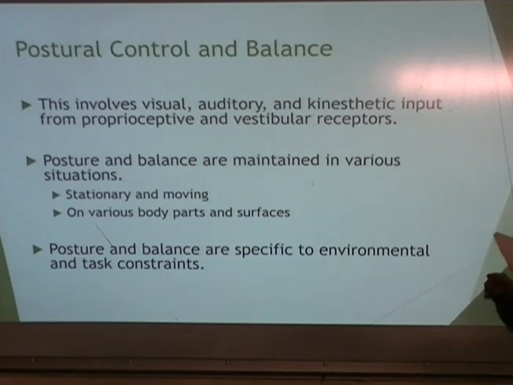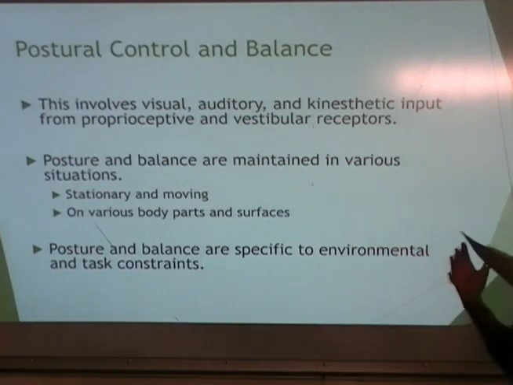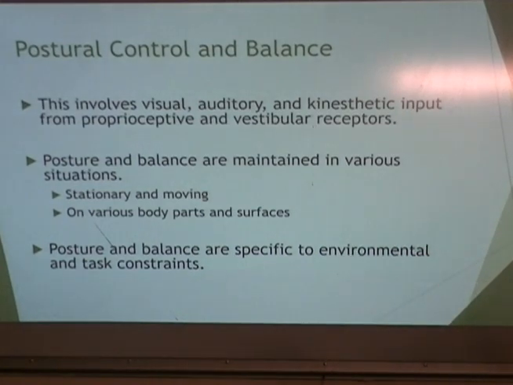We have our Golgi tendon organs and muscle spindles, and then we have joint receptors in the ankles. So lots and lots of information, visual information, auditory information coming into the brain that it uses to help us maintain postural control.